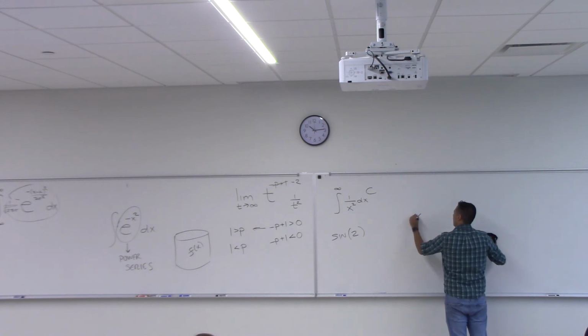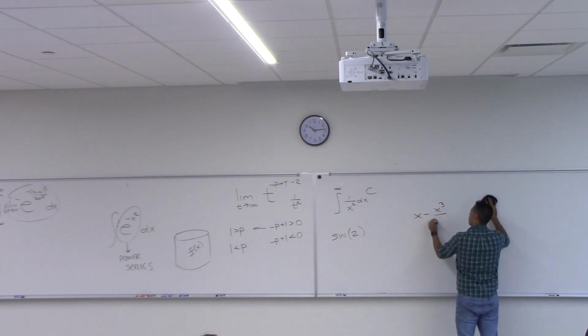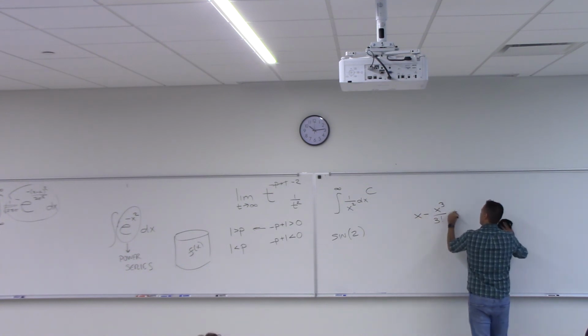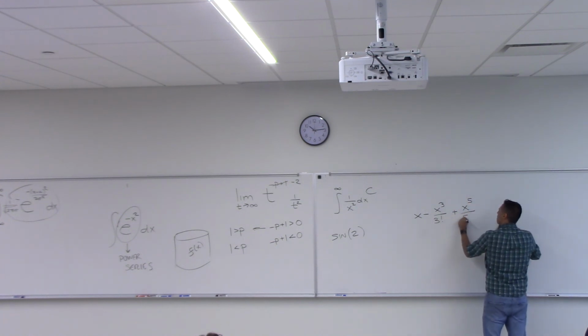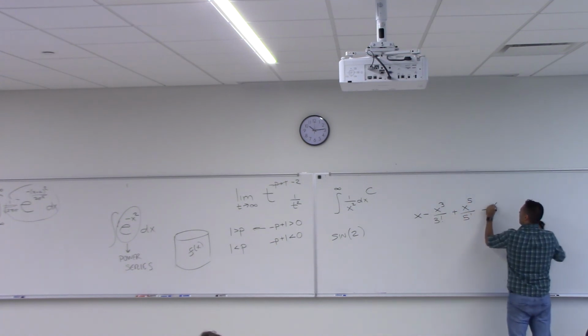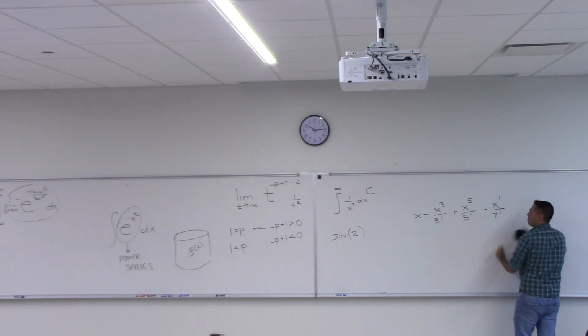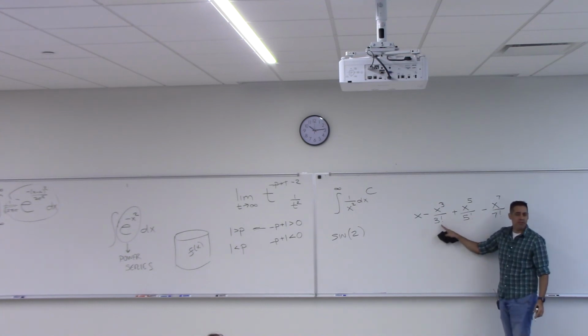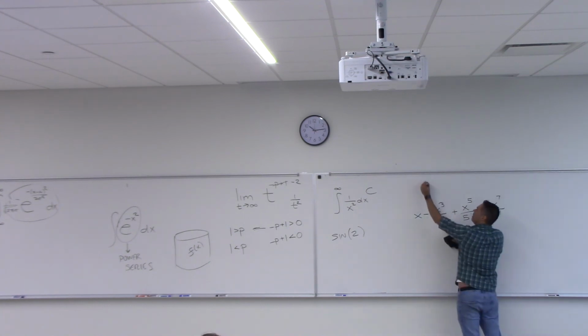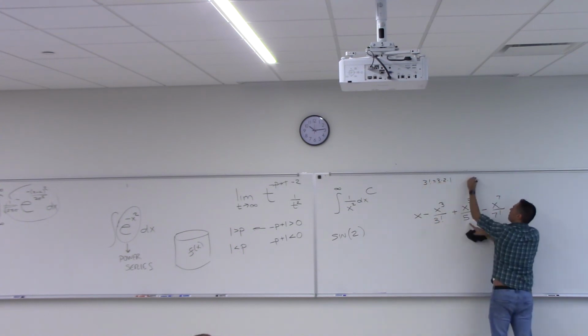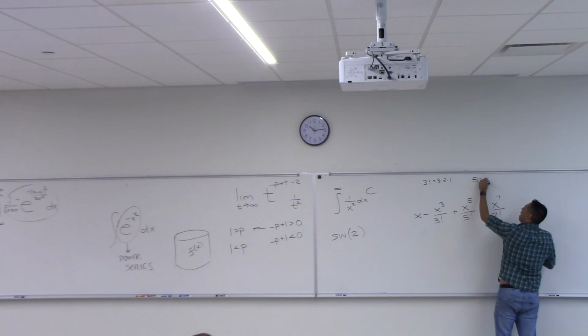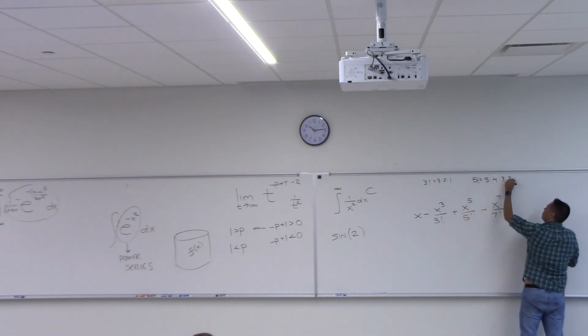This. x minus x cubed over 3 factorial plus x to the 5th over 5 factorial minus x to the 7th over 7 factorial. Have you ever seen these exclamation points? If you haven't, this is what they mean. 3 factorial means 3 times 2 times 1. 5 factorial means 5 times 4 times 3 times 2 times 1.